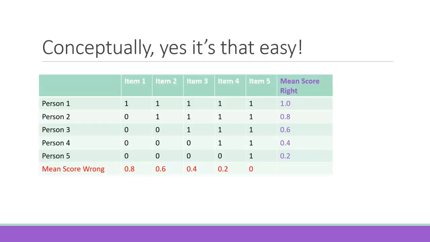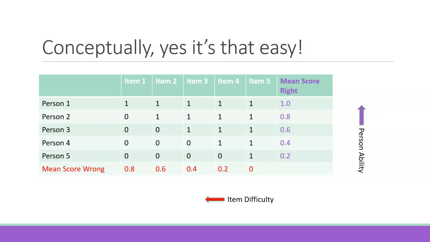But here's what happens. We have a very simple table of 5 items and 5 people, and we're going to organize this table based on person ability and item difficulty. When we think about person ability, in this example, we are looking at whether they got the item correct. So this is an ability test, like intelligence.